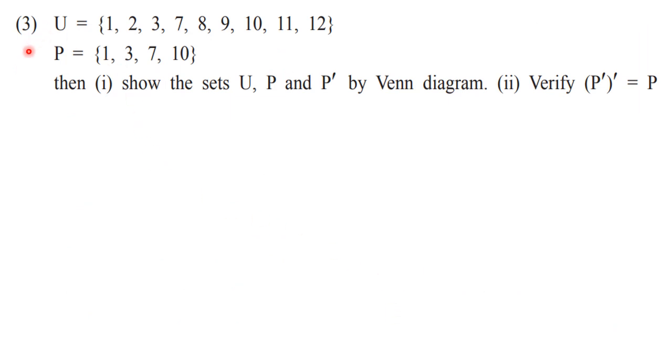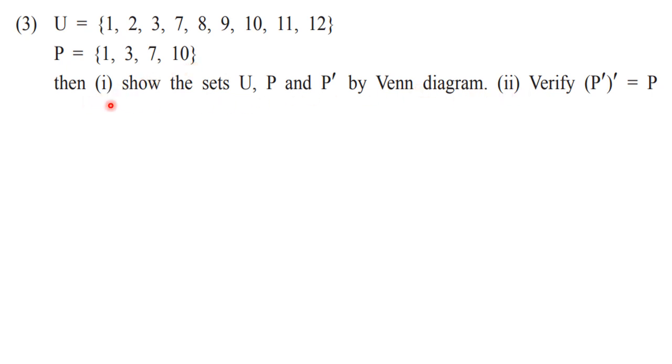Question number 3 from practice set 1.3. In the question, set U is given where we have elements 1, 2, 3, 7, 8, 9, 10, 11 and 12. And one more set P is given where we have elements 1, 3, 7 and 10. Then they have asked us two questions.